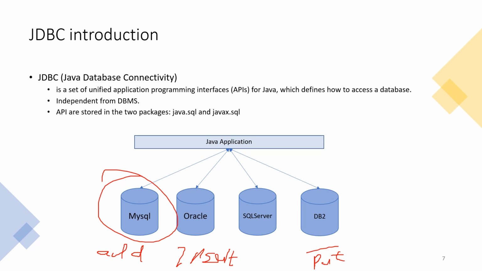For instance, in the beginning, we chose a free database, for instance MySQL, and later our company grows and we want to switch to Oracle, or even we want to switch to cloud use from AWS or Azure or some other use. And I have to rewrite my application each time.